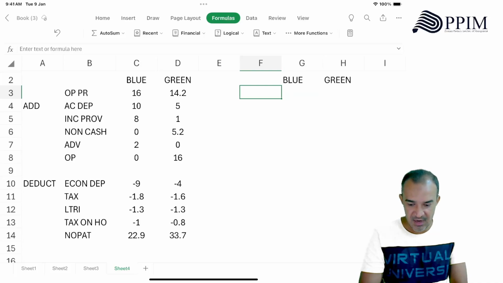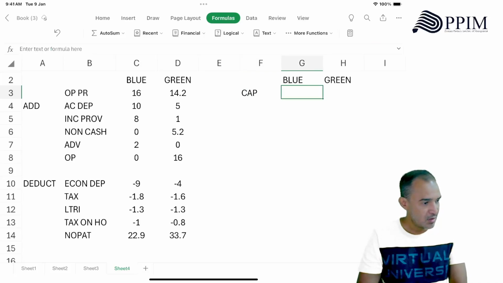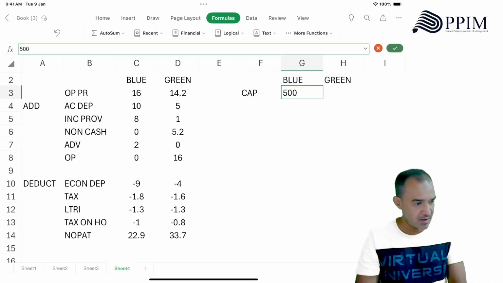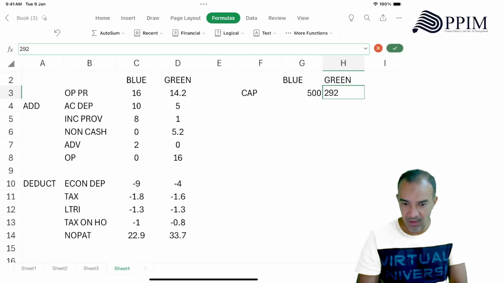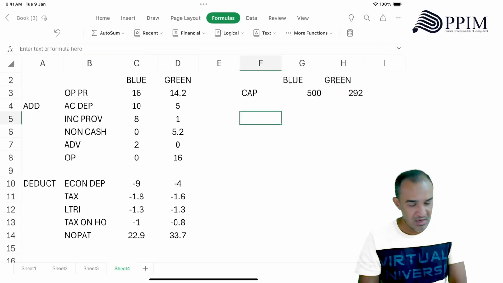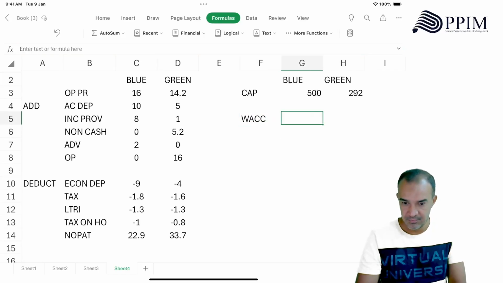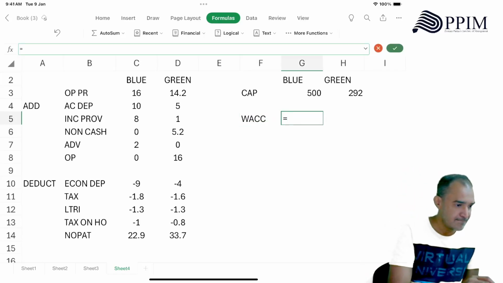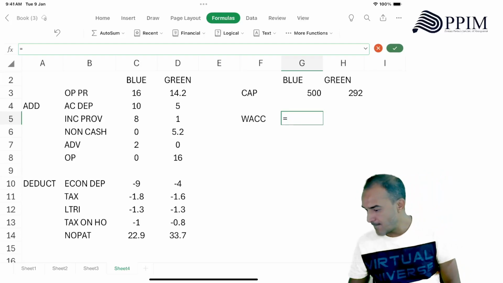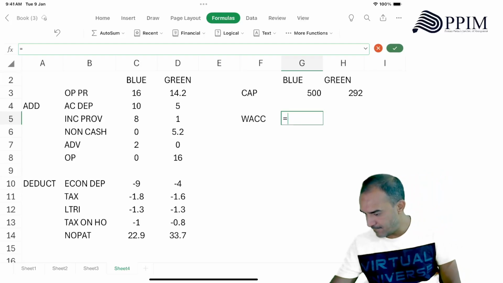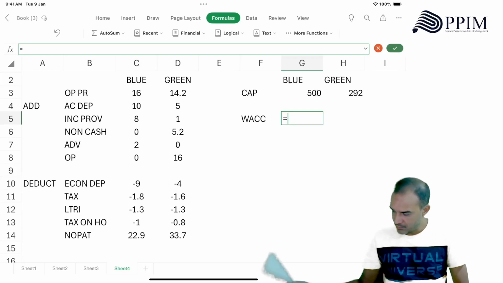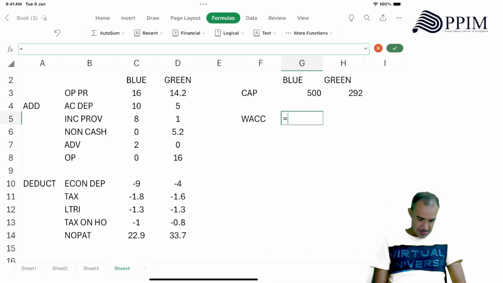Then capital at start, 500 and 292. There's no adjustments to make. Then we need the WACC. Cost of equity 12%, post-tax cost of debt.